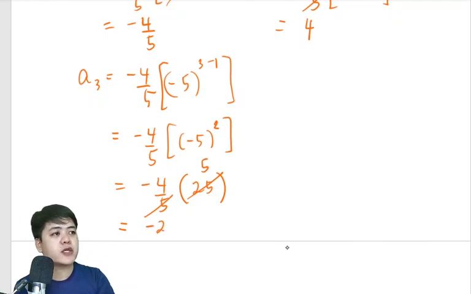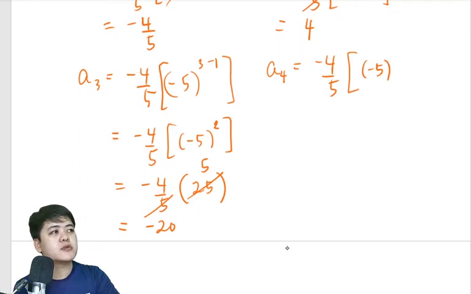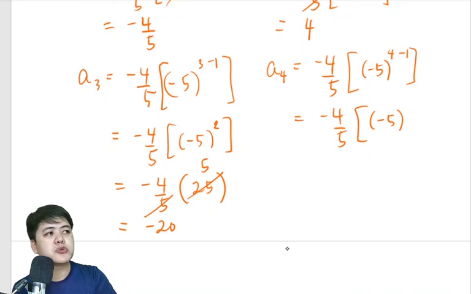It's negative 20. And lastly, let's have a sub 4. Negative 4 over 5. Let's substitute 4. We have negative 5 raised to 4 minus 1. And that is negative 4 over 5 times negative 5 raised to 3. And negative 5 raised to 3, that's a negative. We have a negative here times a negative here. So, we're expecting a positive.